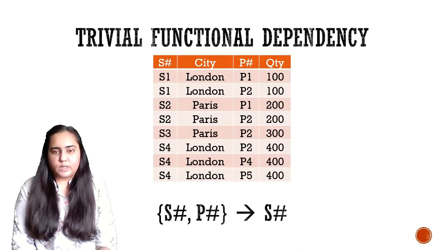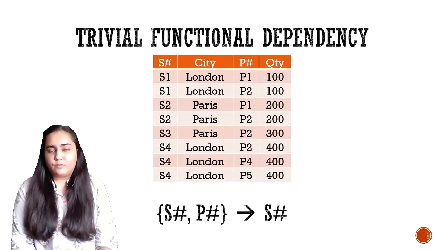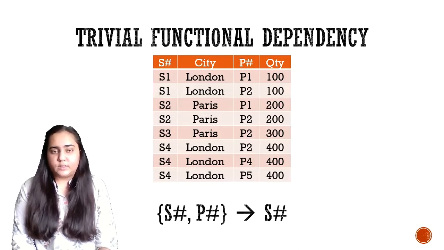So that is how this thing works. Now, if you look at the table, this is something very simple to understand: if you take any pair of S hash and P hash, it is going to give you a unique value of S hash. For example, if I take S1 and P1, the supplier is S1, and that's so easy to tell.